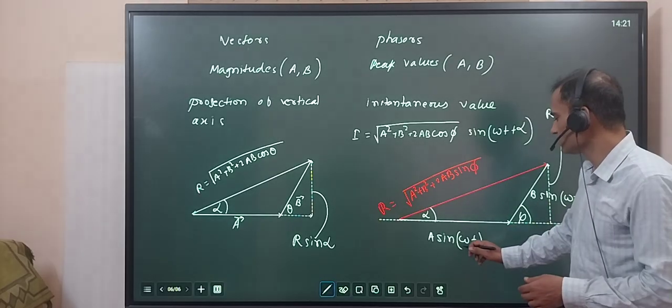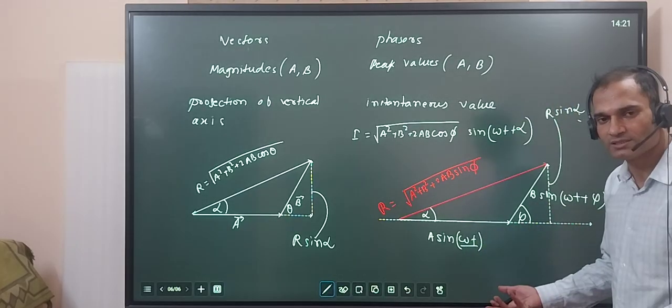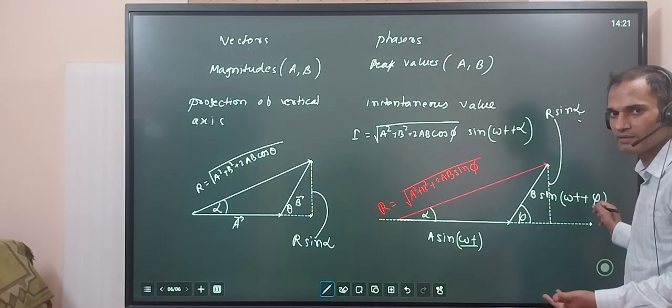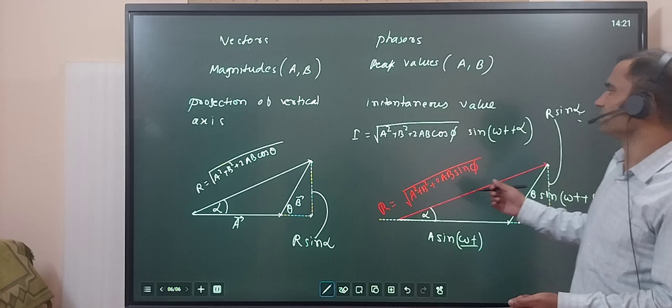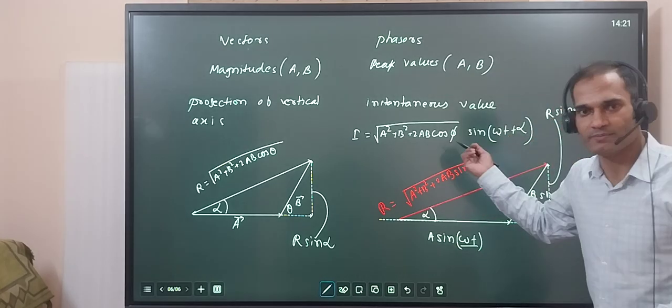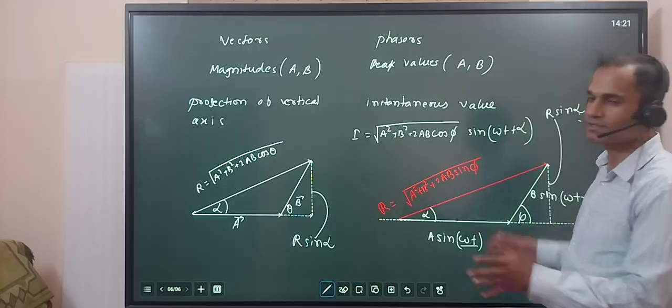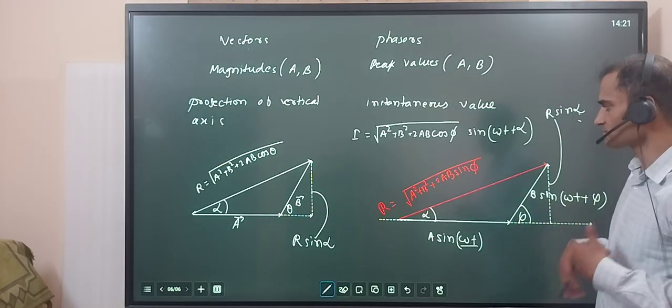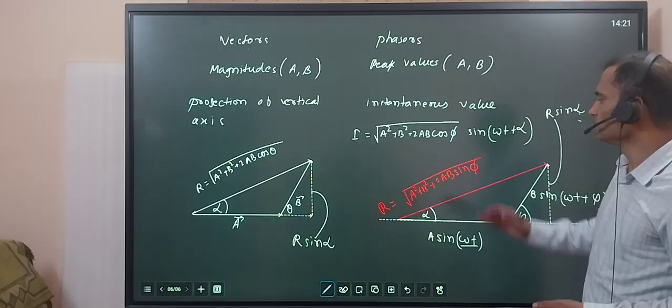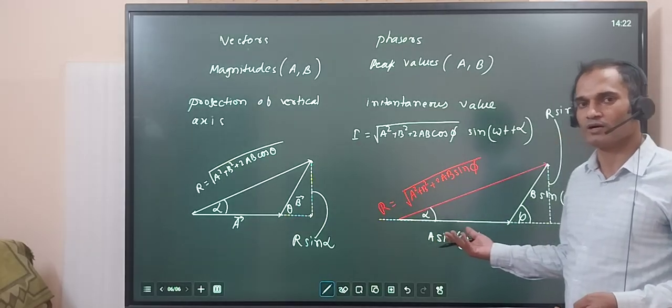So this will become omega t plus pi by 2, this will become omega t plus phi plus pi by 2, and this will become omega t plus alpha plus pi by 2. But the peak value will be given by the same formula.